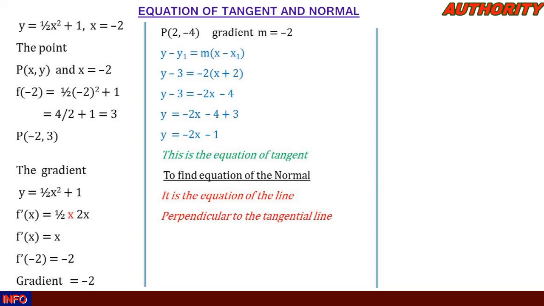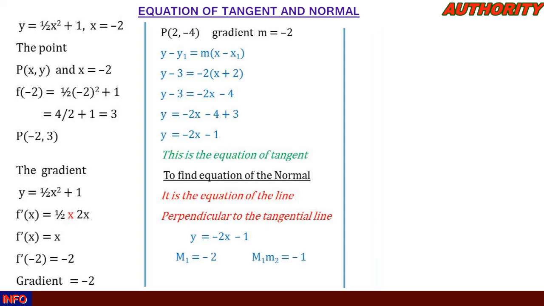We have the equation of the tangent to be y is equal to minus 2x minus 1, and we have the gradient m1 is equal to minus 2. Is that true? And then we say that when two lines are perpendicular, m1 m2 is equal to minus 1. And we have gotten m1 to be minus 2.